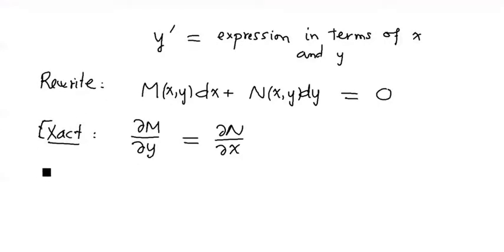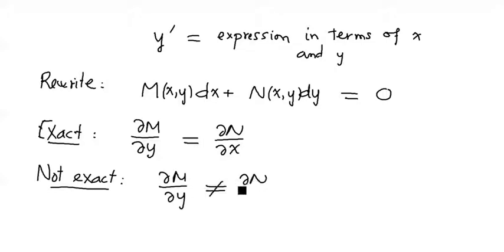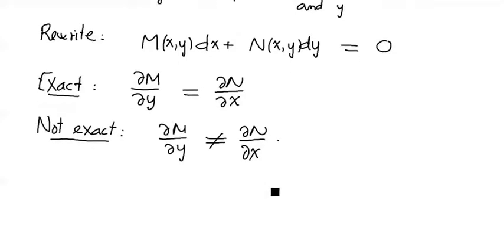But in our situation, it is not exact, meaning that partial M partial y is different from partial N partial x. Now in general, it may be difficult to solve the equation, but we consider the following two cases, and in each case we can find an integrating factor like this.